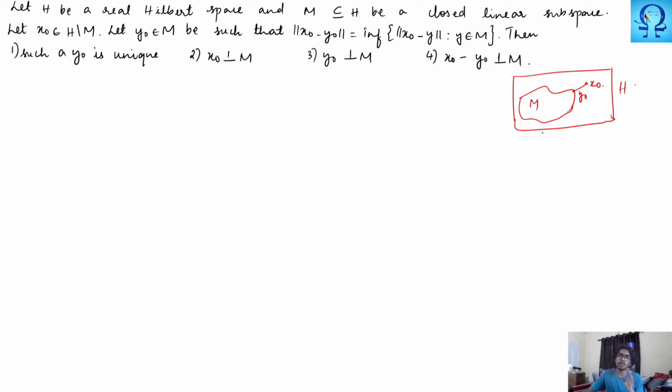Okay, so this is what is given, and we will have to study that y0 and the relation between x0 and y0. This is what we are going to do, right?